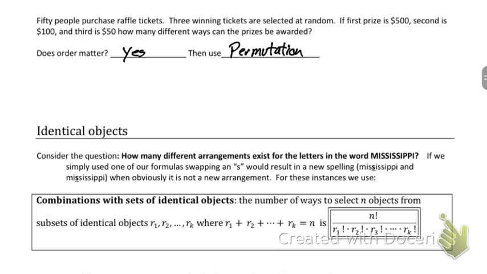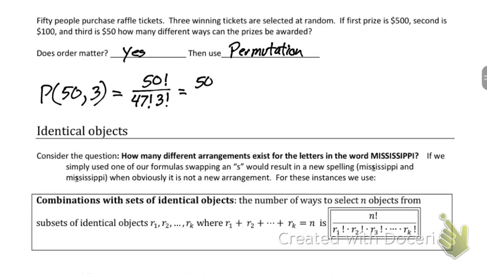Our permutation equation, we're just going to have P is, well, we start with 50 tickets purchased, so our N is 50. We're choosing 3 of the tickets, so it's 50 pick 3. And that's going to be 50 factorial divided by 47 factorial. Once again, if you wanted to, you could reduce this. Oh, I'm doing a combination. You're right.